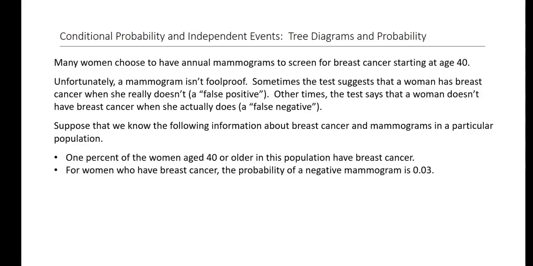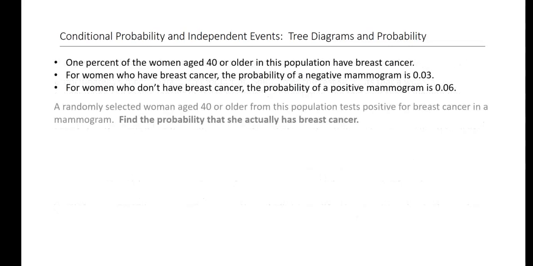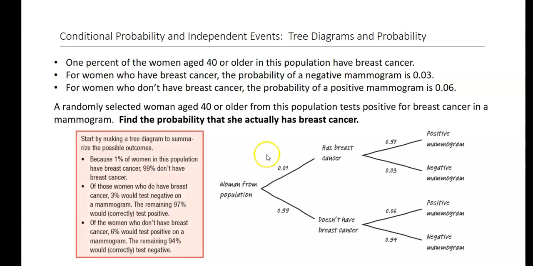The second branch is what's the test result, negative or positive mammogram test. So you would want to set up the tree diagram. Again, the tough part is getting that first branch, and then the second branch goes off of those from the given information.